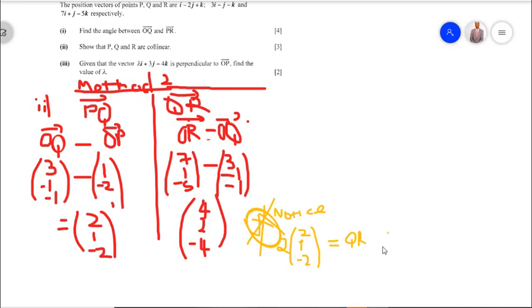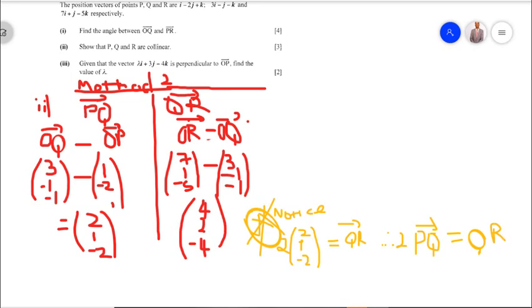Therefore, 2 times vector PQ, don't forget the arrow here, is equal to vector QR.